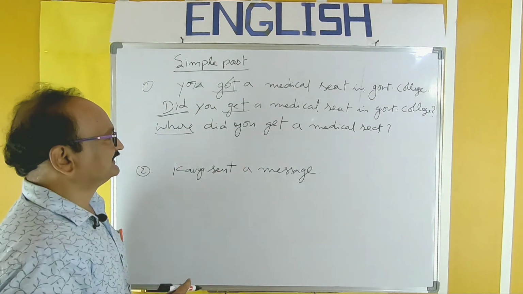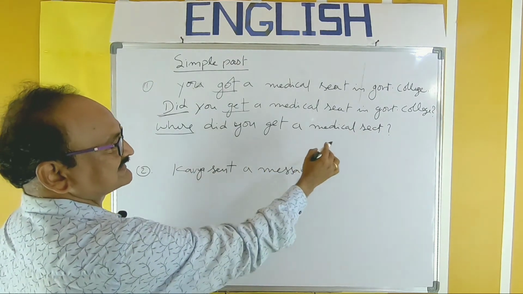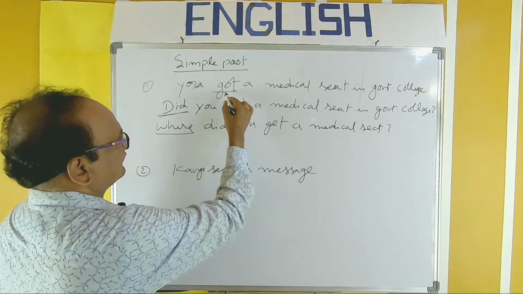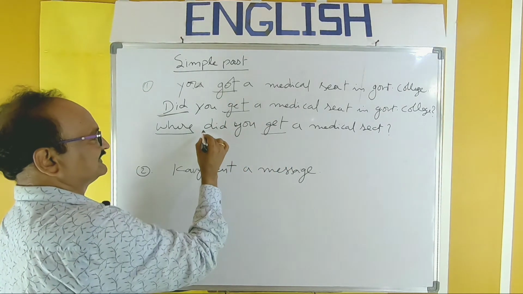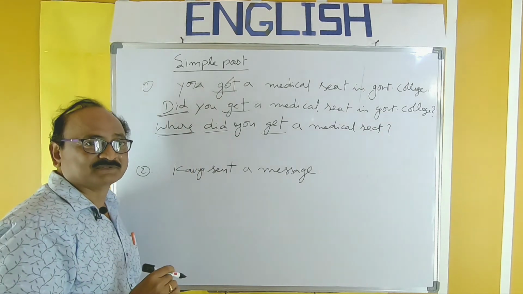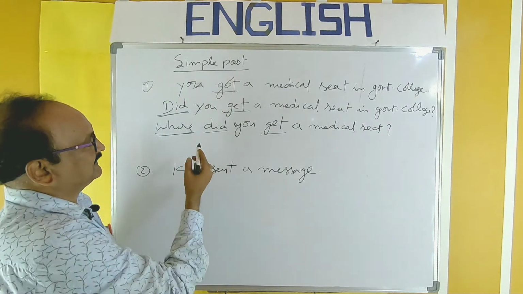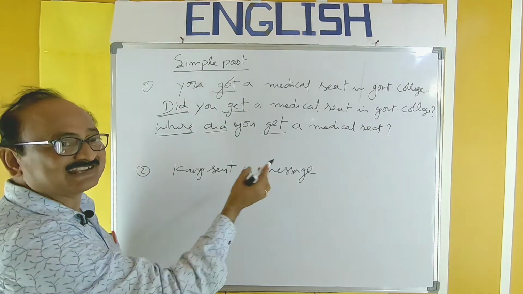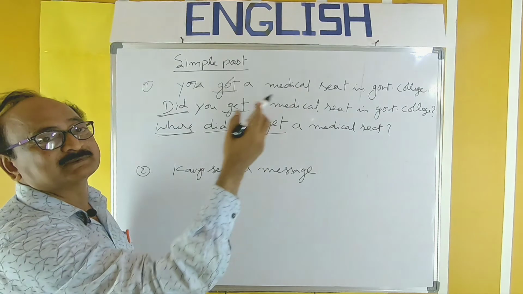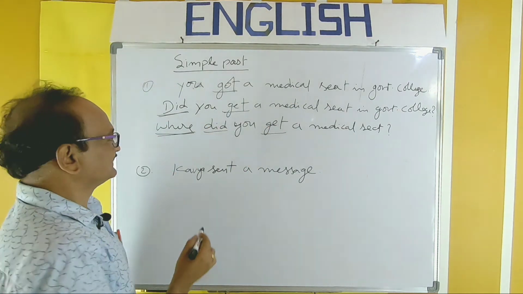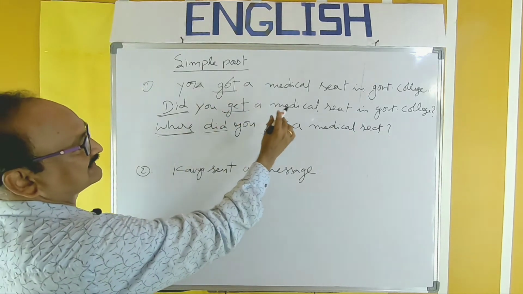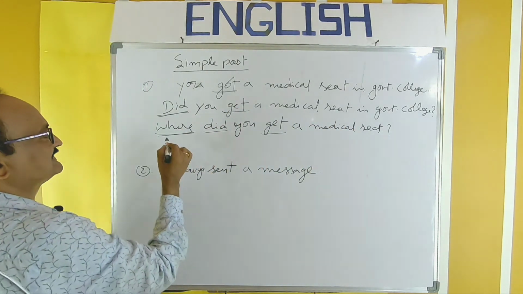Got becomes get and did, of course, the same pattern, and we used the additional word where. And you can ask what did you get? Medical seat in government college, that is the answer. So the negative form, let us take: you got a medical seat in government college.